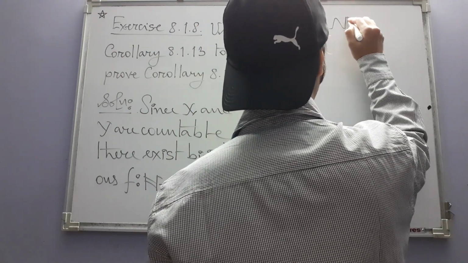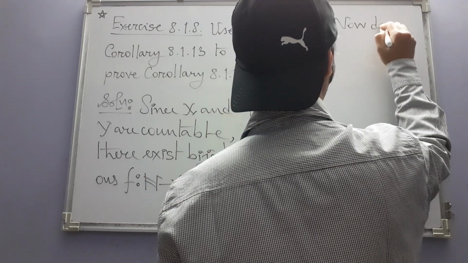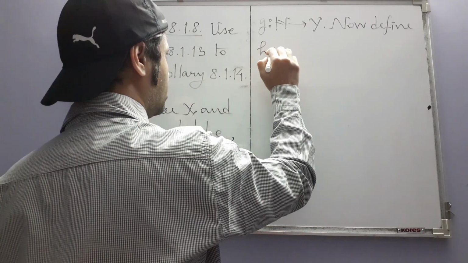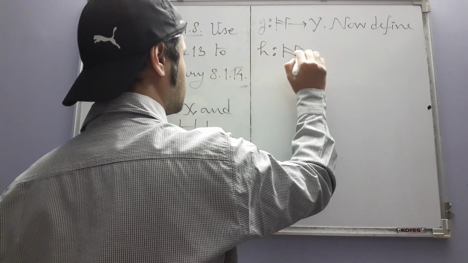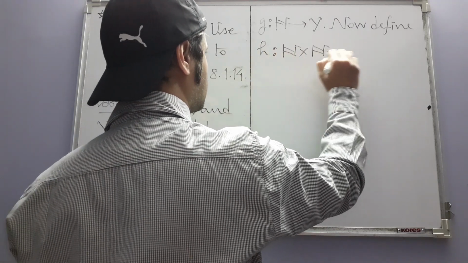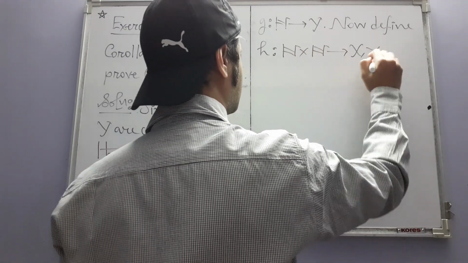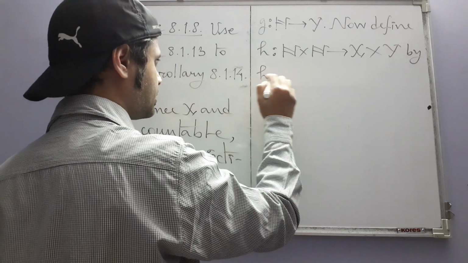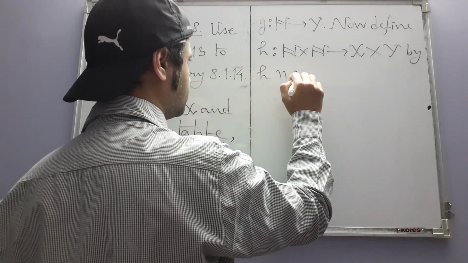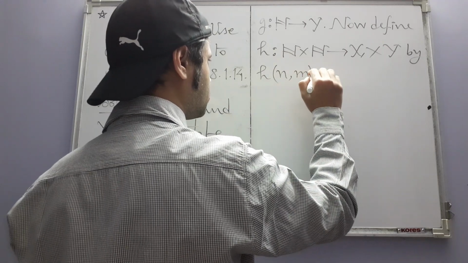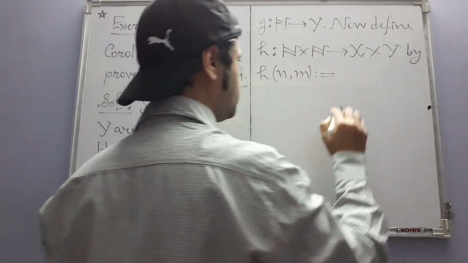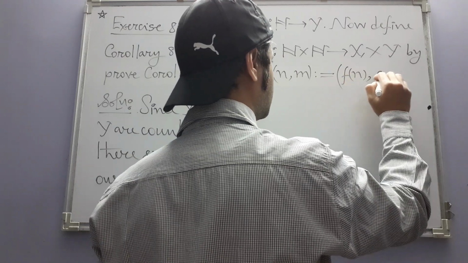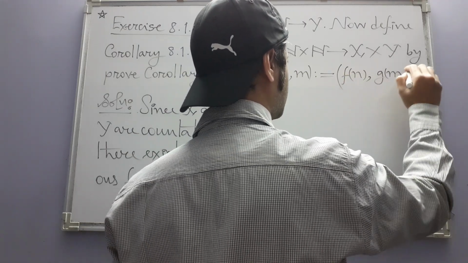Now define this function h by this extremely natural formula: h of (n, m) equals (f of n, g of m).